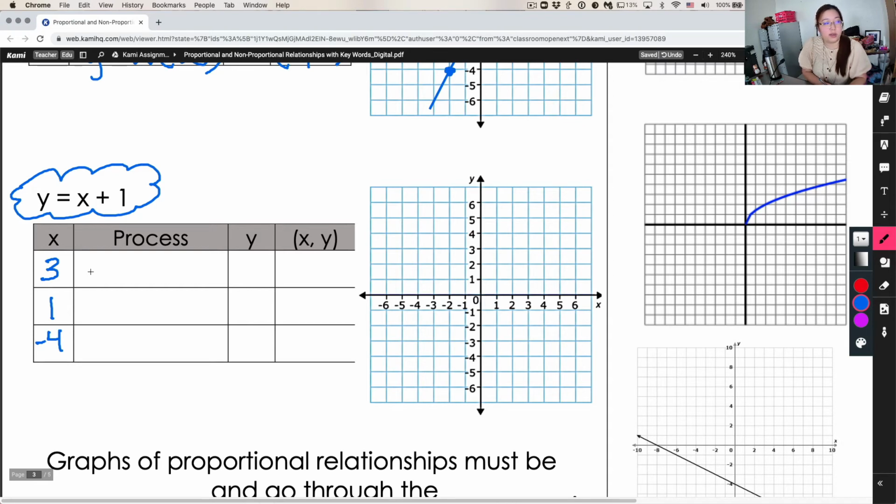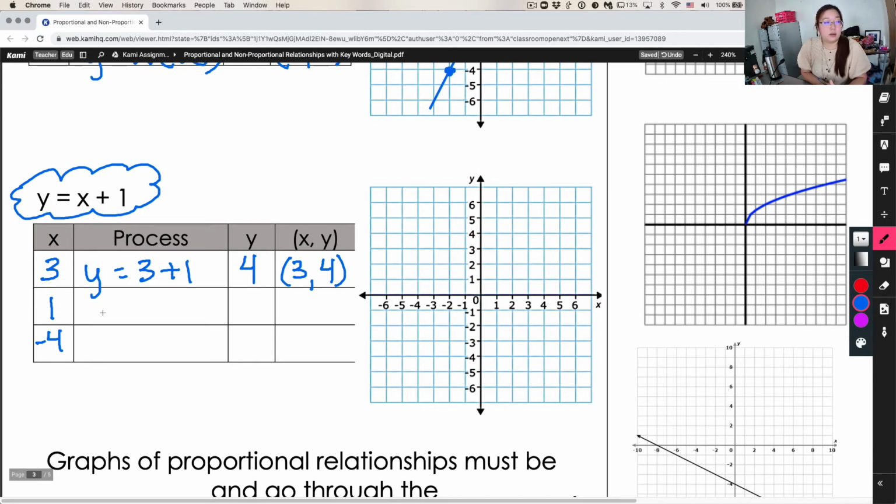So for the first point, y equals, our x is 3, so 3 plus 1. 3 plus 1 is 4. Oh, sorry. So our point, x equals 3, so the first coordinate point, that's 3, 4. Remember, x comes first, so our x is 3, our y is 4, so that's our coordinate point.